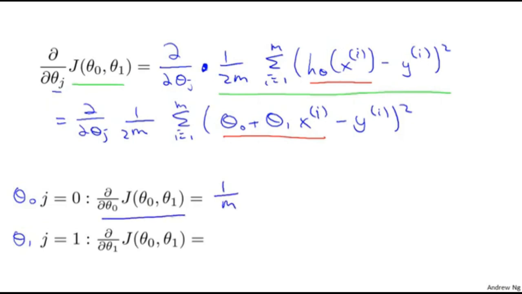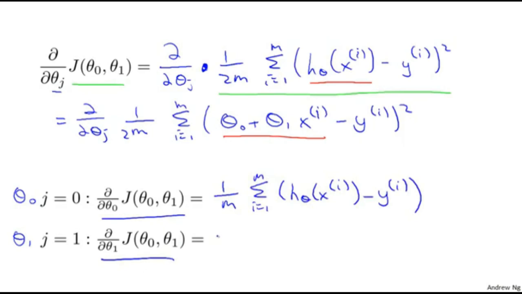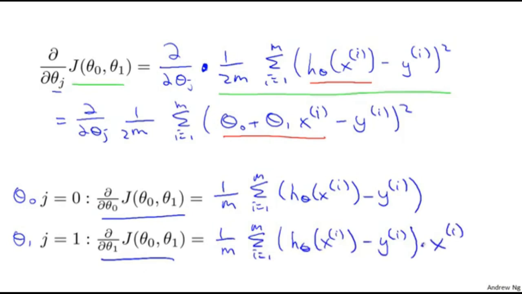It turns out this first term simplifies to 1 over m times the sum over my training set of just that, h of x i minus y i. And for this term, the partial derivative with respect to theta 1, it turns out I get this term, h of x i minus y i times x i. Okay?